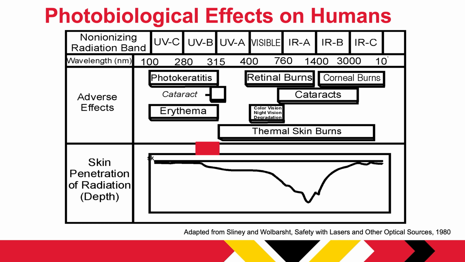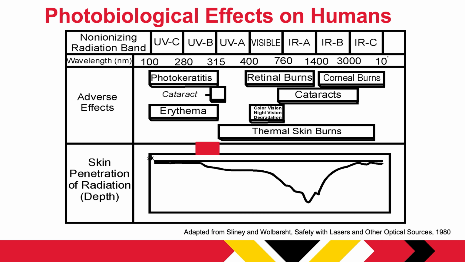Then, if we want to talk about photobiological effects on humans, we can draw a little diagram as here, showing the different biological effects as a function of the UV band. So let's just concentrate on UV and not worry about the visible and infrared at the moment. Photokeratitis is possible all the way through UVC and UVB, but is almost impossible from UVA.